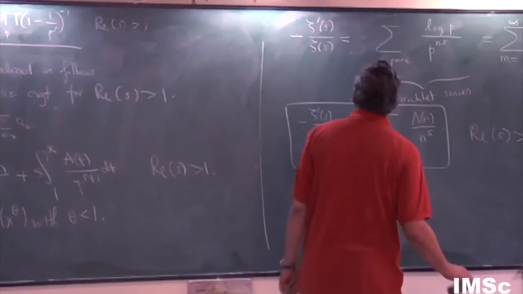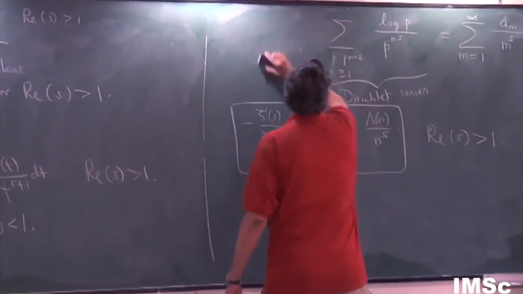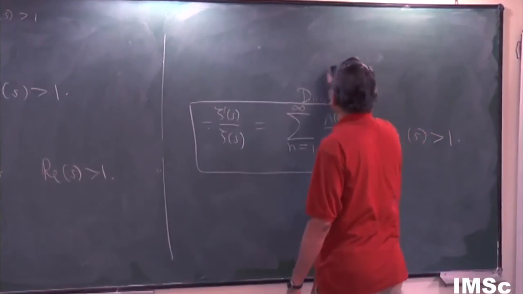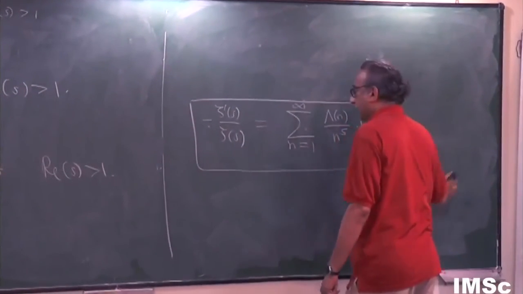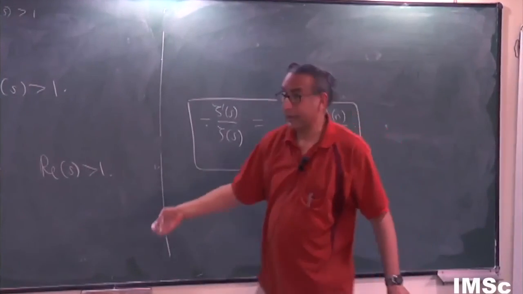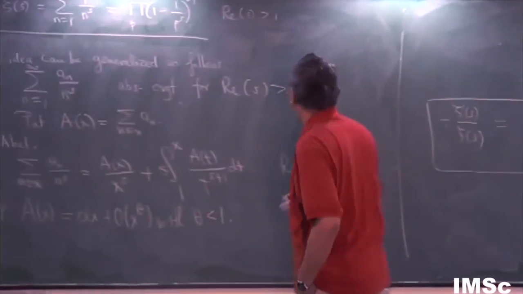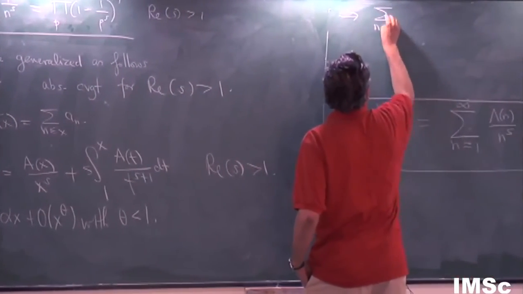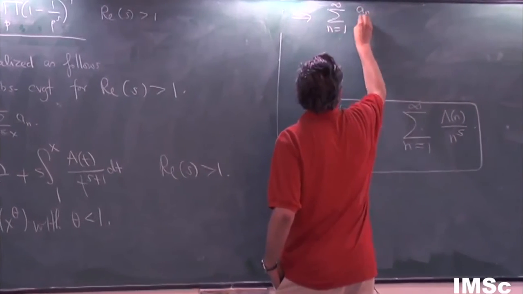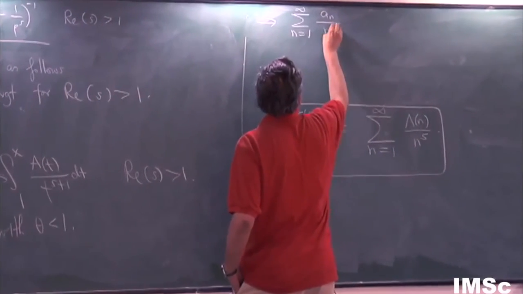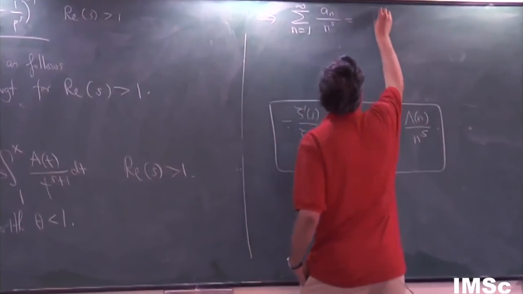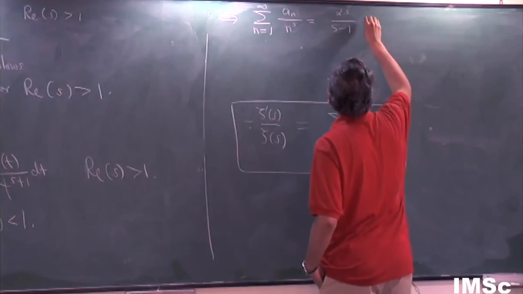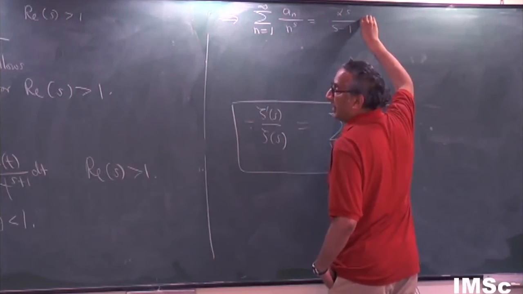Okay, so let's do that. I will leave it to you to do it. But if you do it, you will find that this gives the summation n going from 1 to infinity of a of n over n to the s equals alpha s over s minus 1. Was it a plus or a minus I had before?